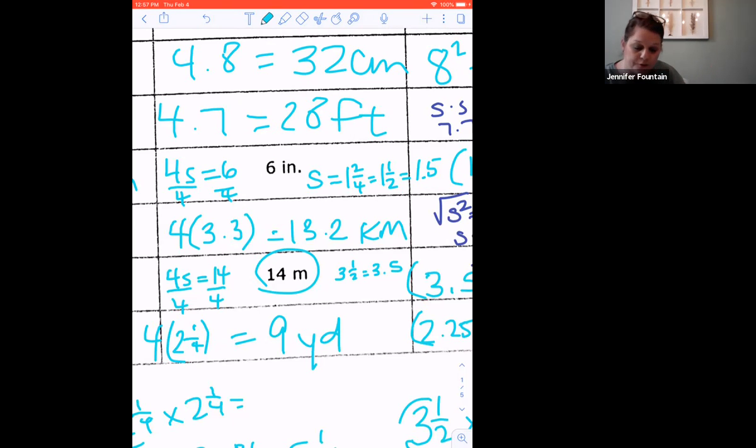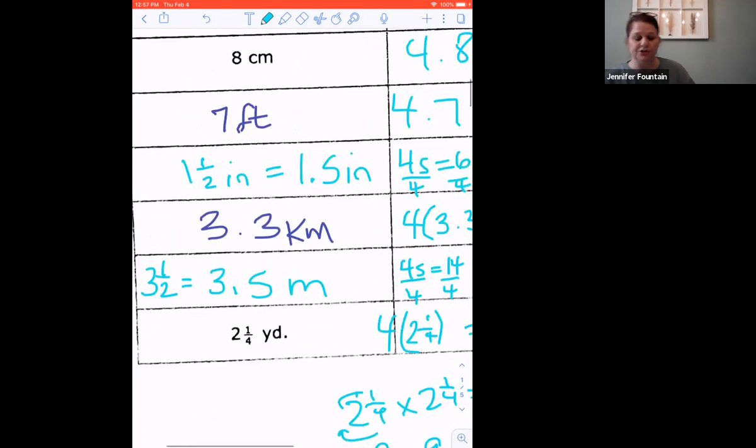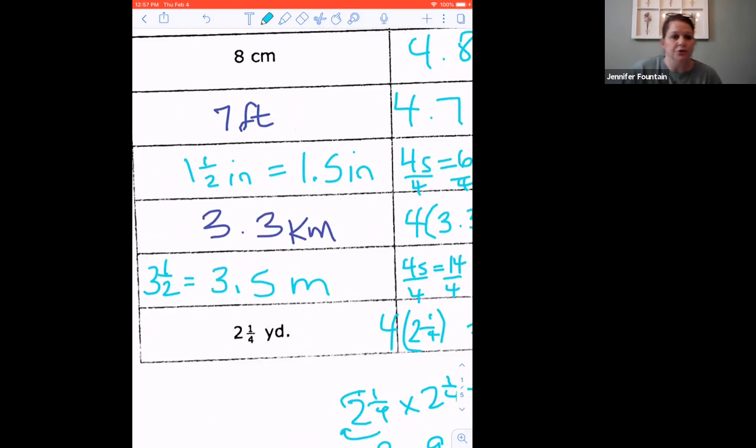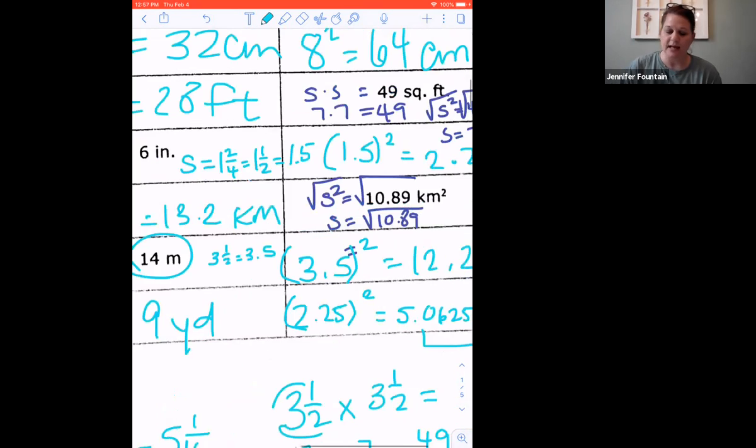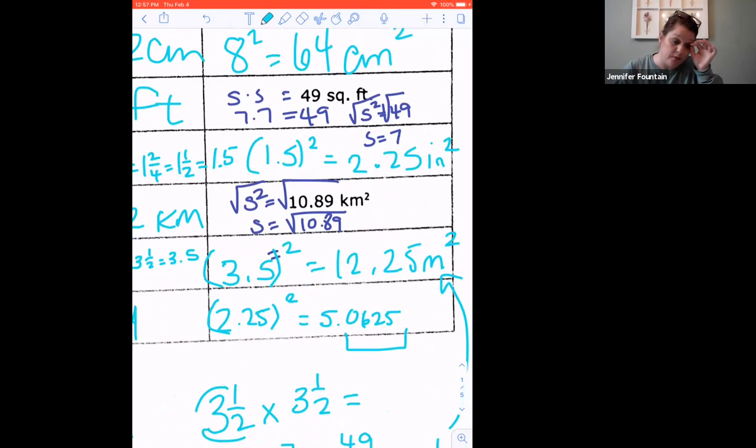So that's going to be the measure of each side. You can either write it as a fraction or a decimal. But then to find the area, I had to multiply it by itself. And I end up with 2.25 inches squared. Or we could have 2 1/4 inches squared.